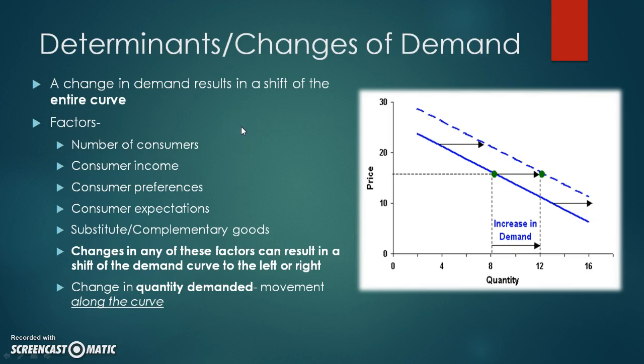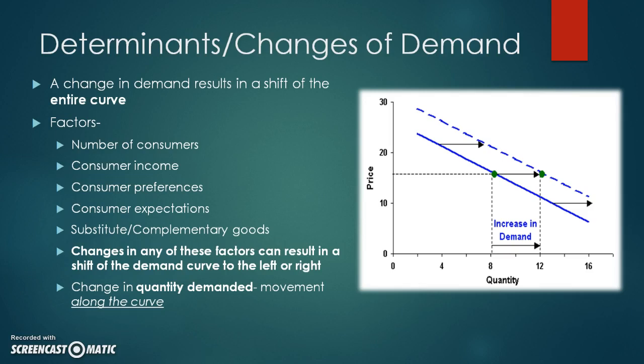Some determinants, things that would change demand. First off, a change in demand results in shifting the entire curve. As you can see here, the entire curve shifts. Factors that would cause this to happen: any change in number of consumers, consumer income, consumer preferences, consumer expectations, substitute or complementary goods.